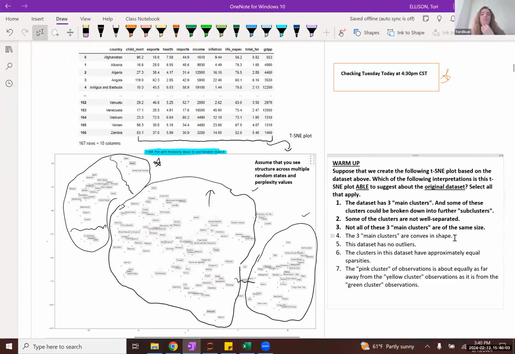We can also consider the interpretation that the three main clusters are convex in shape. It really depends on your interpretation here: what did you choose to represent as a cluster?